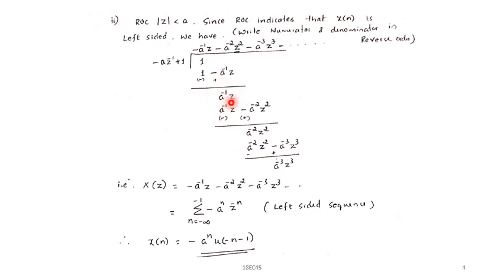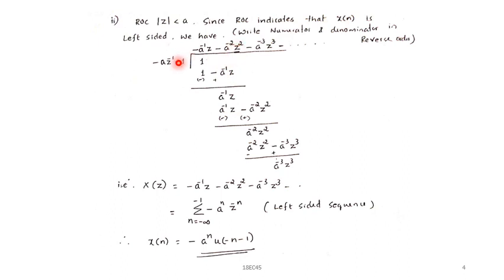Next I need to cancel this. So I'll consider the quotient as minus a to the power minus 2 z squared. So I'll multiply this with the divisor. So I'll get minus a squared into this, so I'll get minus a inverse a z squared, which is z to the power minus 1, so it is z.